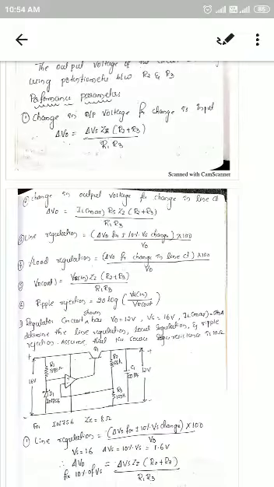Here also you have some performance parameters, and they almost resemble the performance parameters of the voltage follower regulator. The small difference is that we use resistances at the output side, which is why we have to add those resistances into the equations.